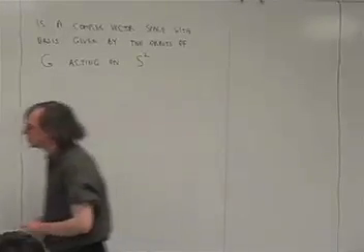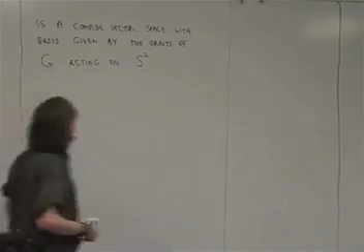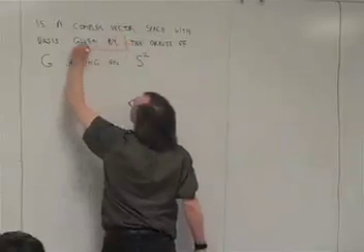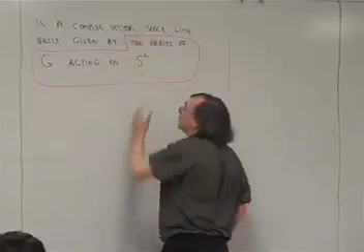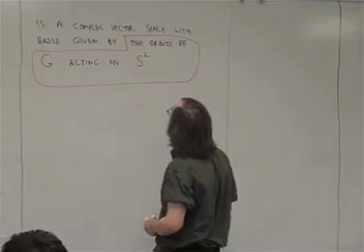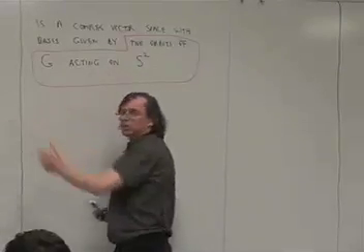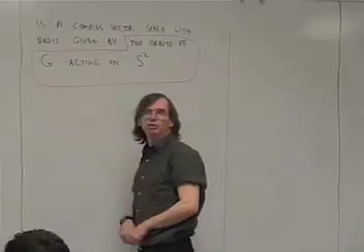Now, this thing right here, the orbits of G acting on S squared, the thing that gives the basis of the Hom space, that's in fact what we've been drawing pictures of, or at least it is part of the pictures that we've been drawing.